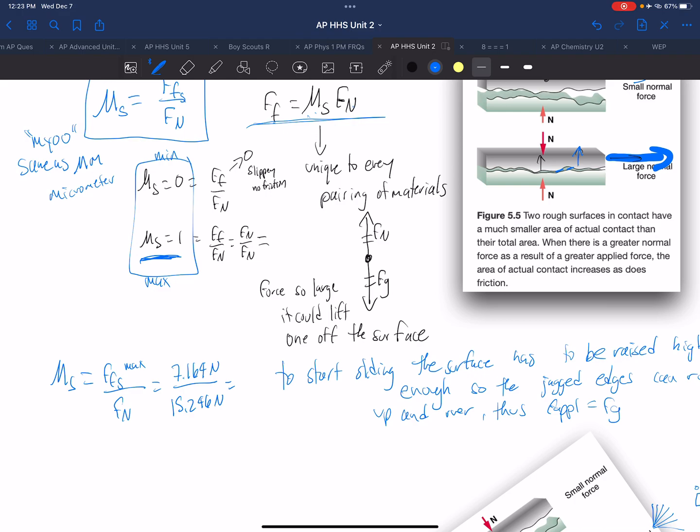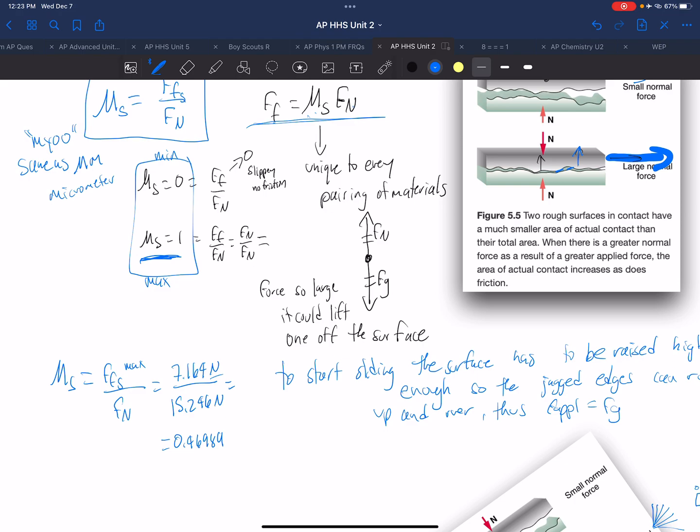And that ratio would work out to be equal to 0.46989.